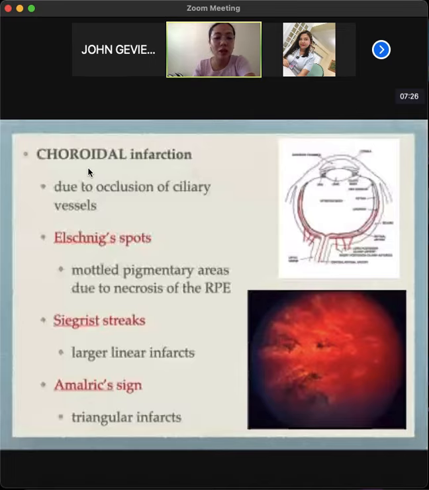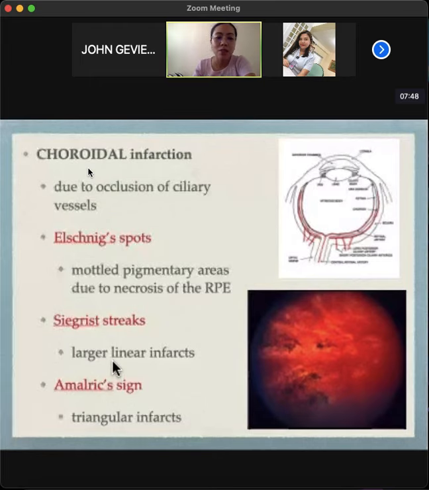Next would be infarction of the choroid, or choroidal infarction. It is usually rare and is attributed to occlusion of the ciliary vessels. The following findings in the retina are seen. You have Elschnig spots, which are mottled pigmentary areas due to necrosis of the retinal pigment epithelium.